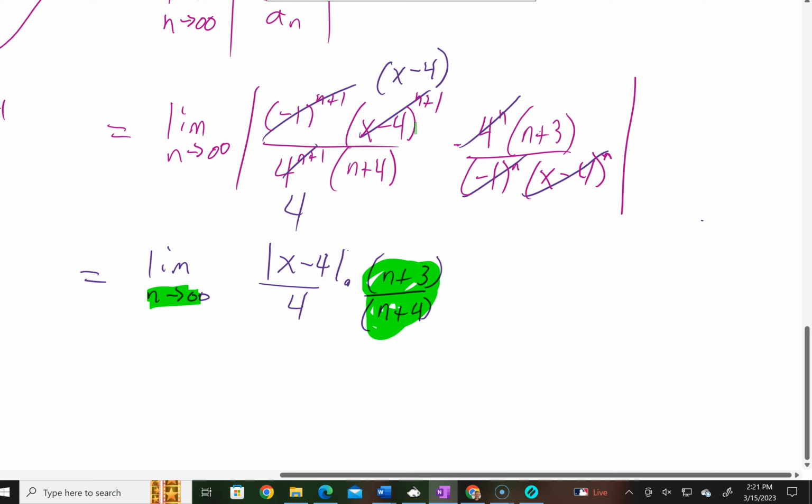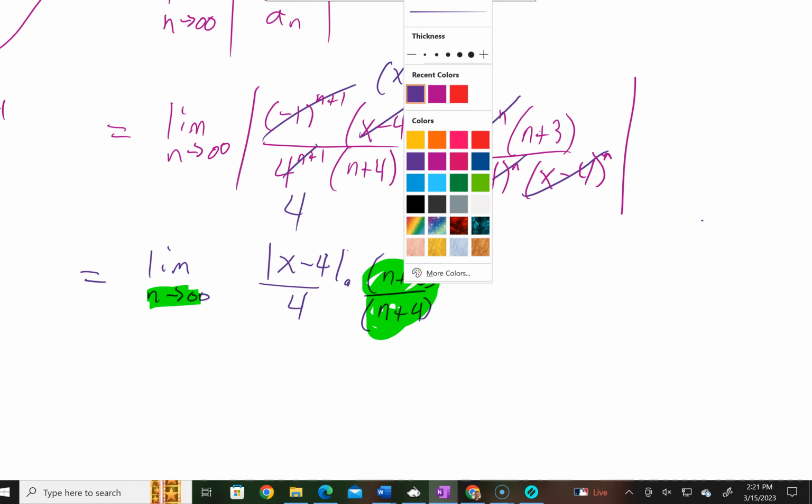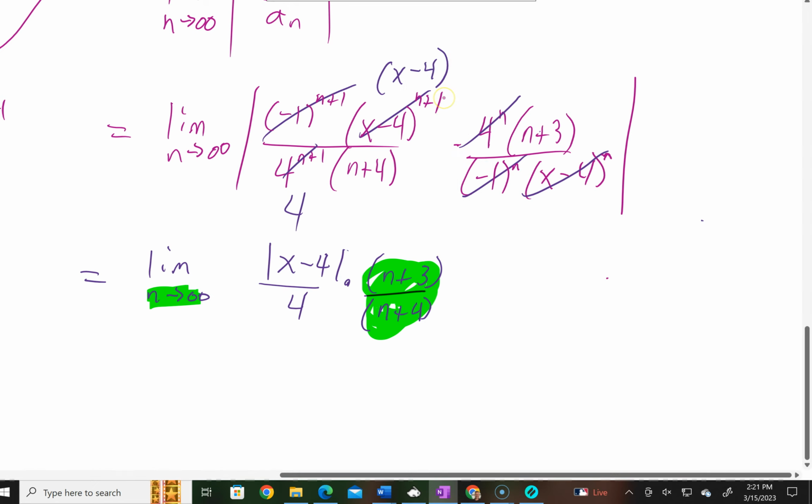And what is n plus 3 over n plus 4 going to go to? Just a 1, right? Think about it. If you've got like 1 billion plus 3 over 1 billion plus 4, it's like the plus 3 and the plus 4 aren't even there. We're saying that gets close to a 1. And this is our limit right here.